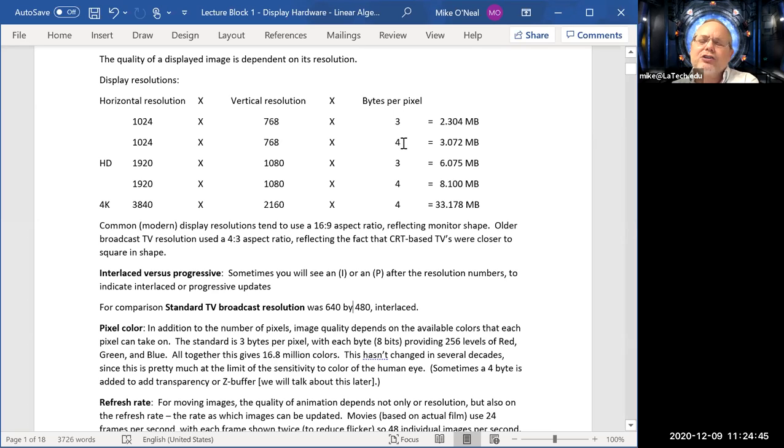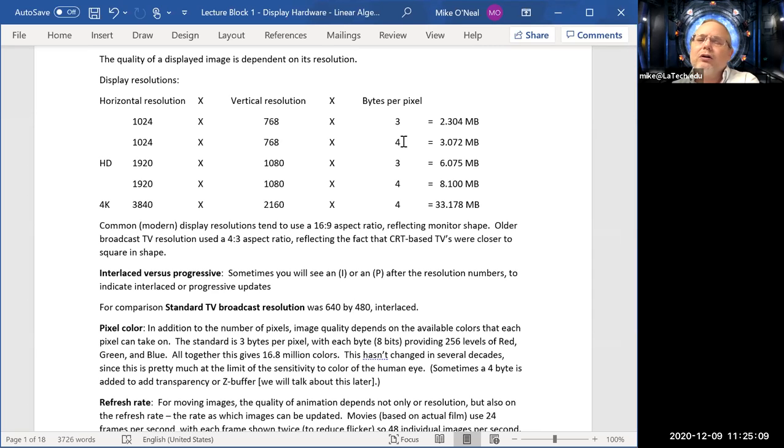Sometimes though you'll see an extra byte. Instead of 3 bytes, you might have 4 bytes. Somebody asked a question in chat about what about RGBY, right? Well, you could have another component for pixels. Sometimes the extra component is used for transparency.